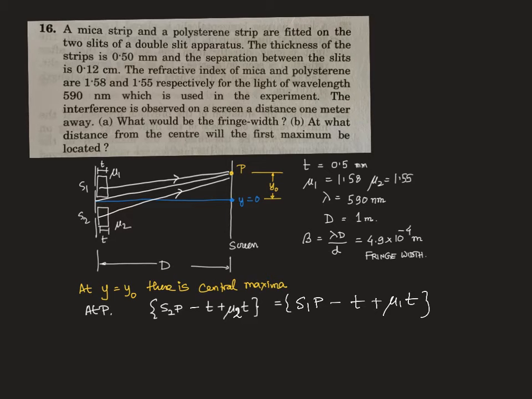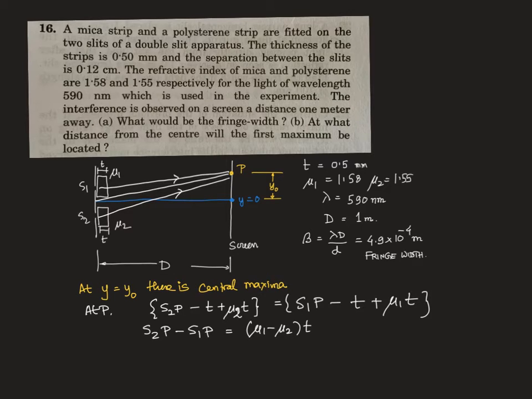So we can just equate this. Therefore S2P minus S1P is equal to (mu1 minus mu2) times T.